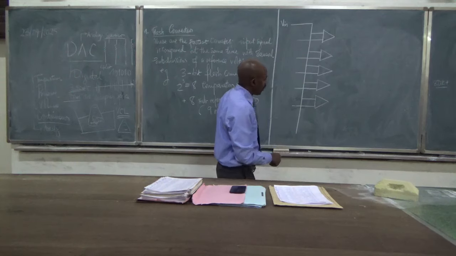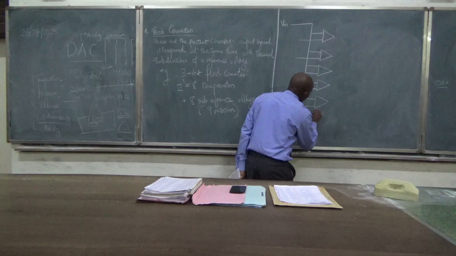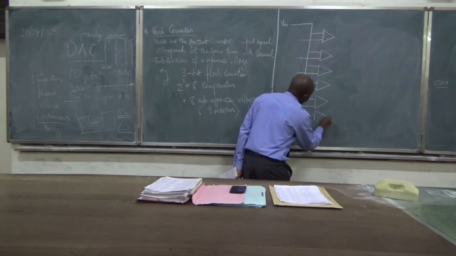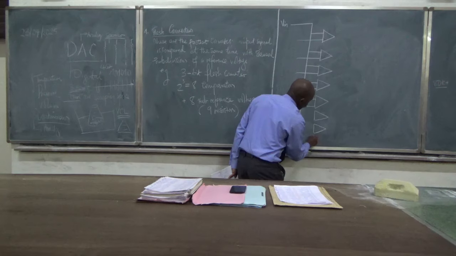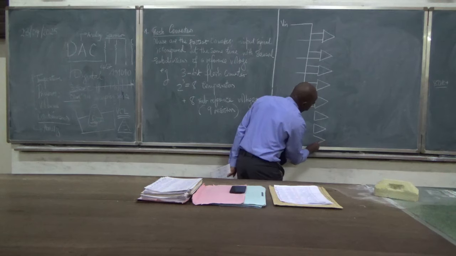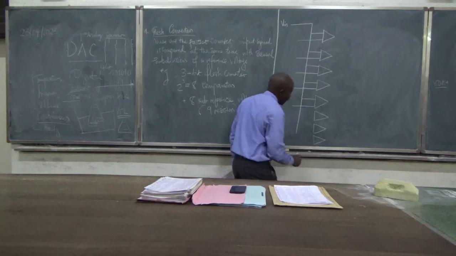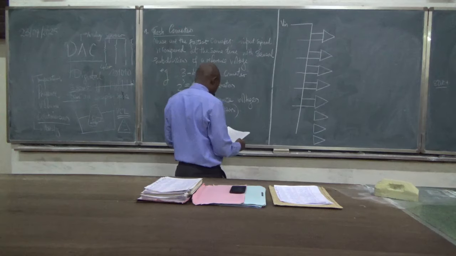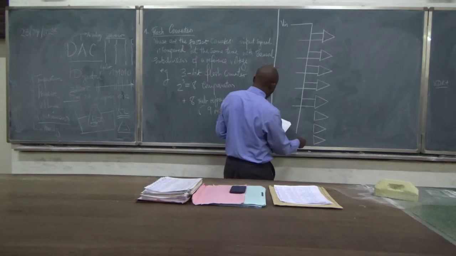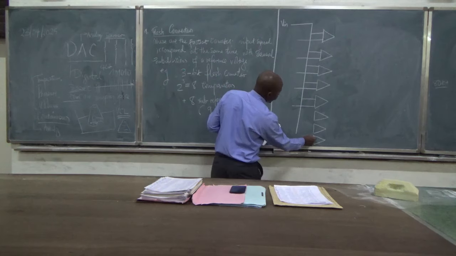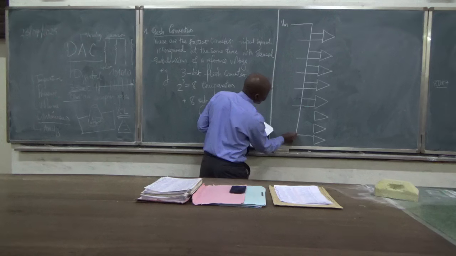I need 3. They feed. Then 3. Then this other one. So I will have this last one terminating here.